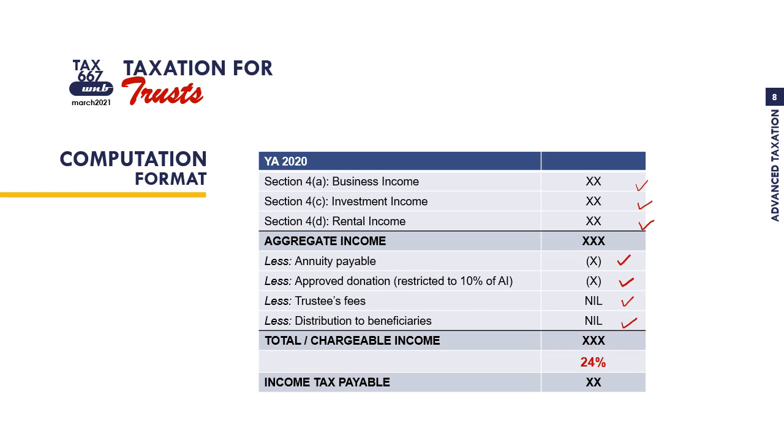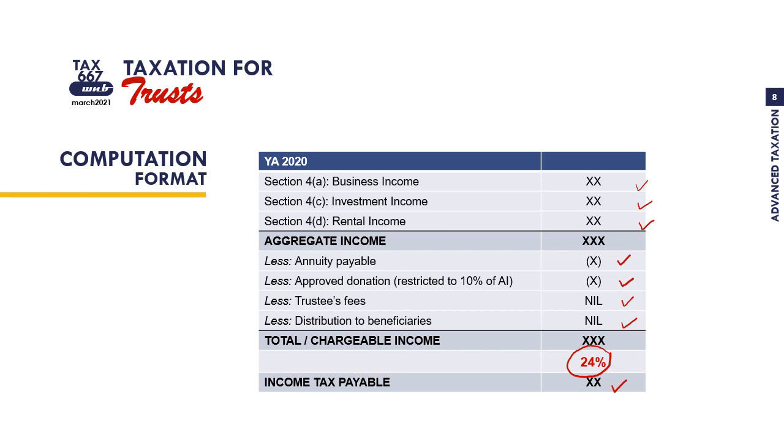So here, when we have the chargeable income for a trust body, what we need to do is just multiply with 24%, then we get the income tax payable for the trust body. This is the last one, the income tax payable. There is no need to decide whether to use scale rate or flat rate, because a trust body will be taxed at a fixed rate of 24%.